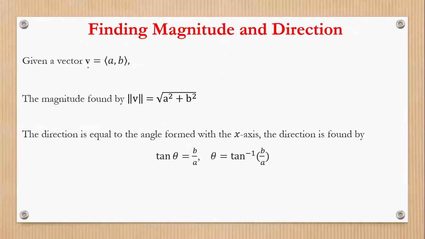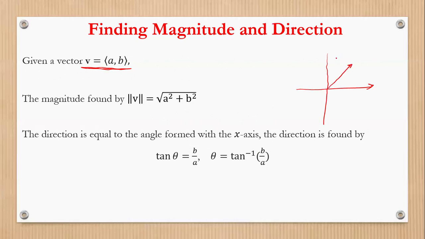And this is how we show a vector's component. So every vector has two components, a and b, which a is along the x-axis, b is along the y-axis. And to find the magnitude or the length of this vector, we always use the right triangle property. For example, let's look at this vector v.